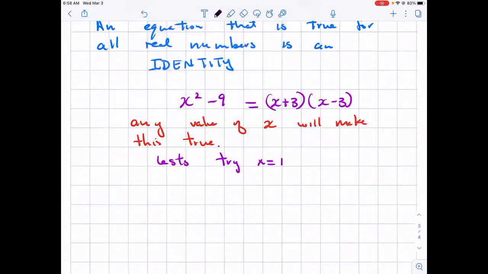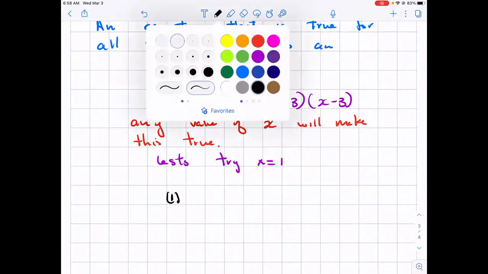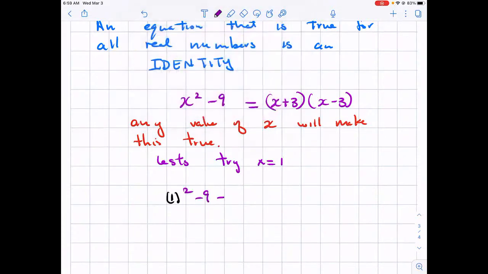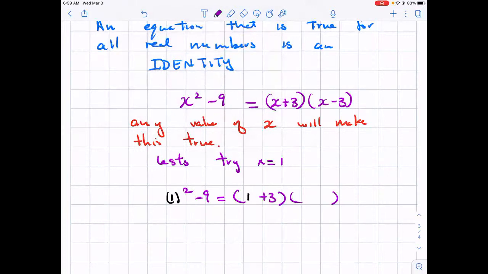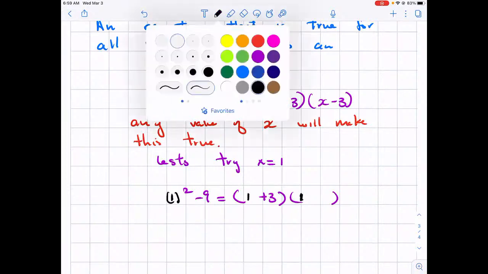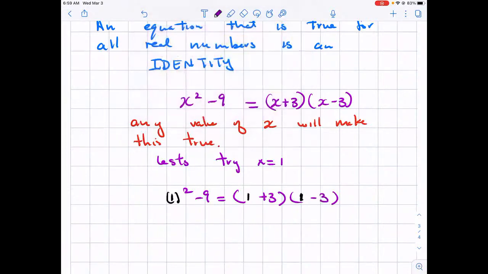We have 1 squared minus 9 is equal to 1 plus 3 times 1 minus 3.